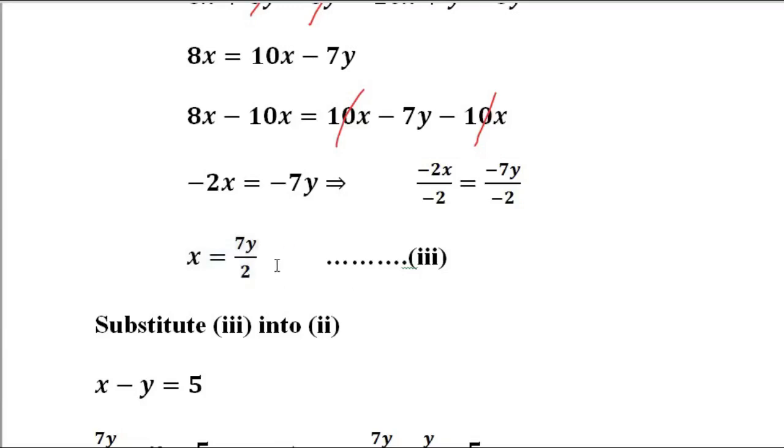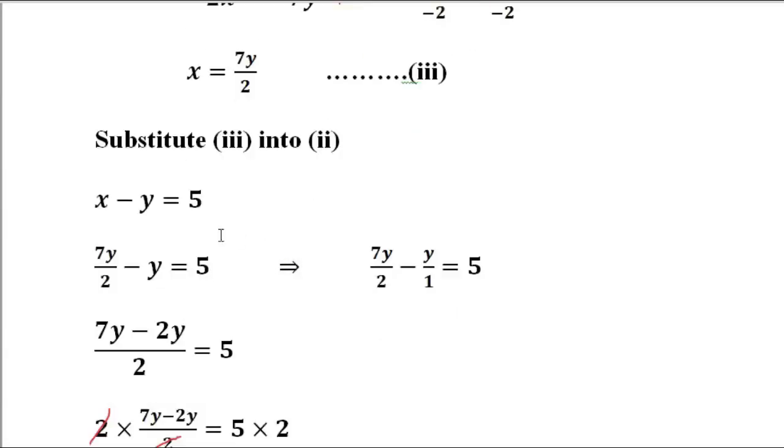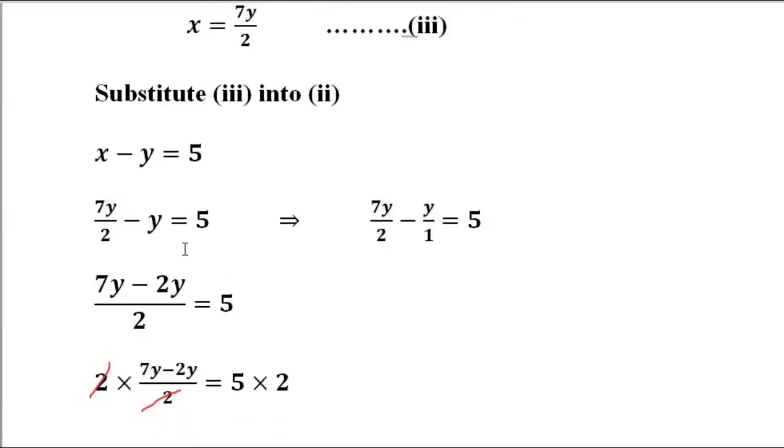Since we are solving the system of linear equations by the substitution method, I'm going to substitute equation 3 into equation 2. Equation 2, x minus y equals 5, becomes 7y on 2 minus y equals 5. We can also write y as y upon 1, and by taking the LCM of the denominators 2 and 1, we get 2.